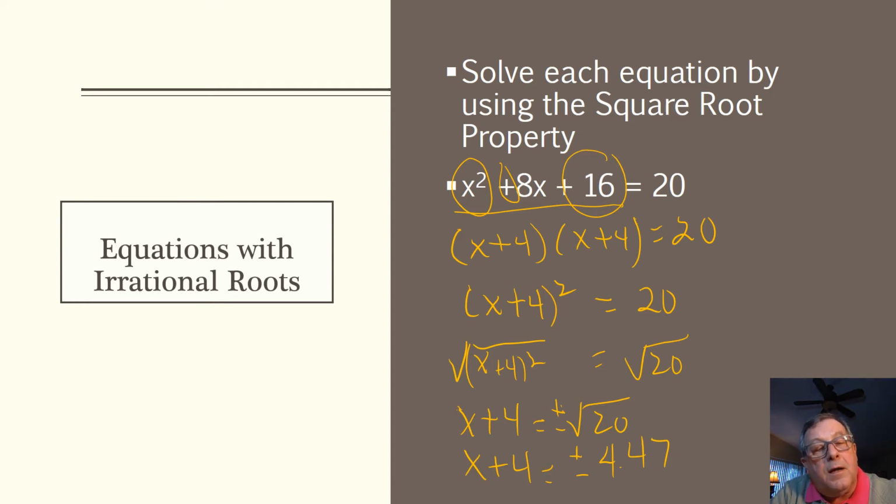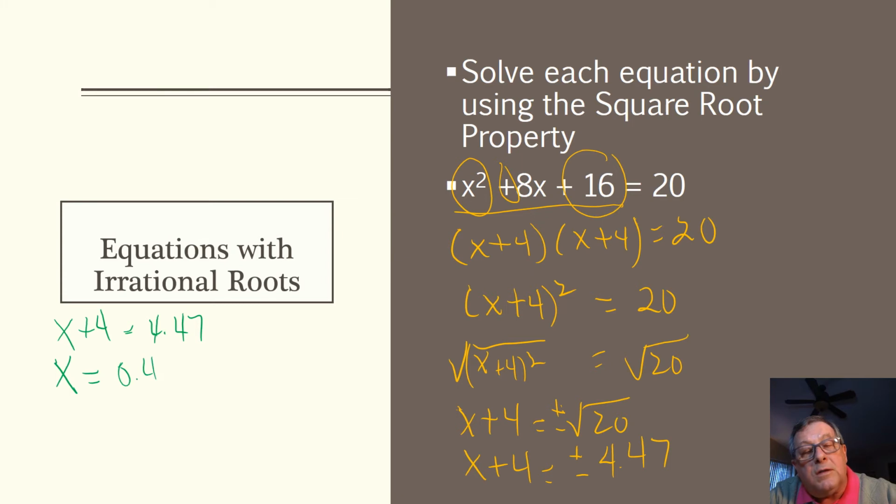All right, so we got x plus 4 equals positive 4.47. Okay, and we're going to subtract 4 from both sides. And when we do, 4.47 minus 4 is going to give me 0.47.